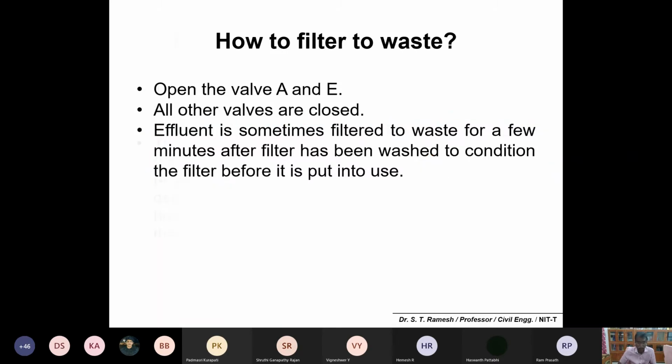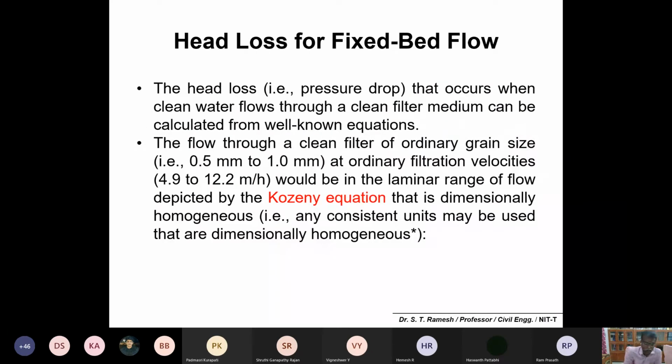Yes, sir. The last one is about how to calculate the head loss. Head loss for a fixed bed flow is calculated using the Kozeny equation. Please make a note: the head loss that occurs when clean water flows through a clean filter medium can be calculated using well-known equations.